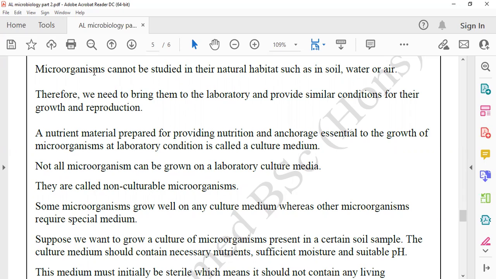Another point you are given: not all microorganisms can be grown on a laboratory culture medium. For example, phytoplasma cannot be grown on culture medium.